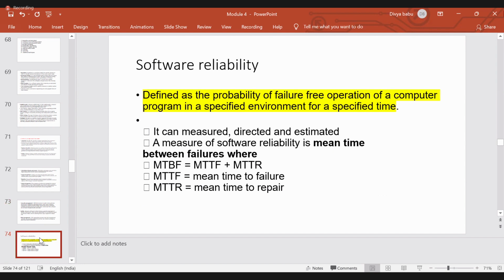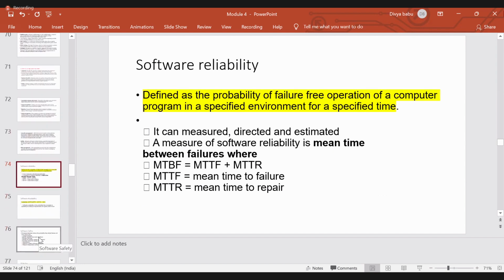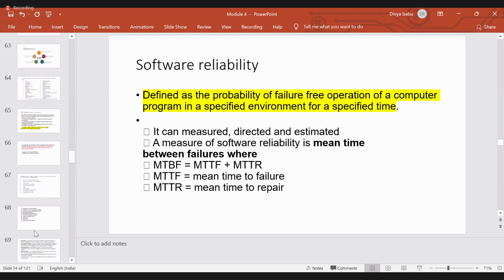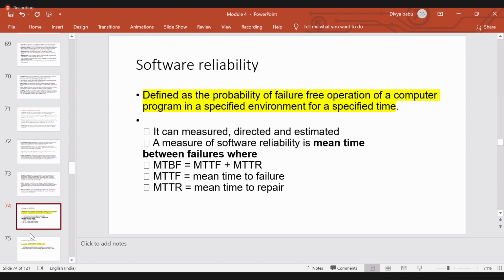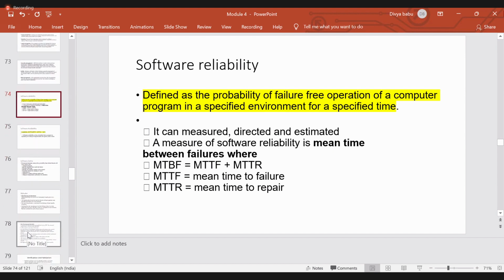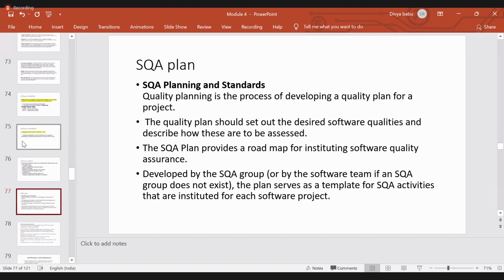Next, I will discuss software reliability, and we have two more topics: software reliability and the software quality plan, the SQA plan. These are the two. One second.